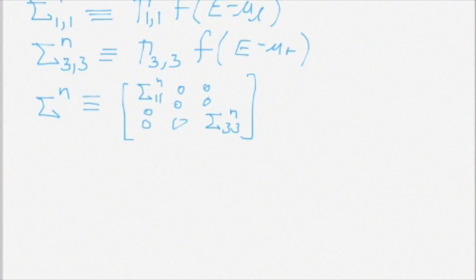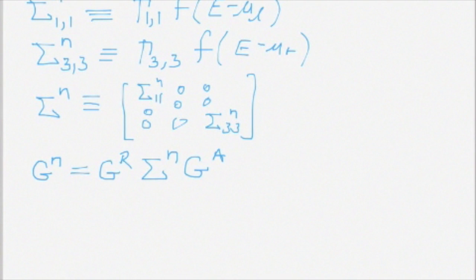And so now I'm going to write down G sub n as equal to GR sigma n GA.